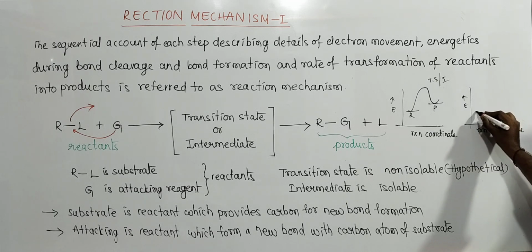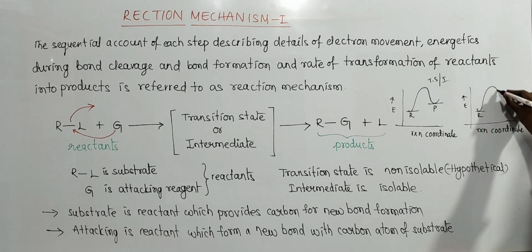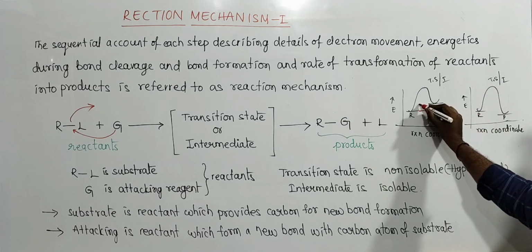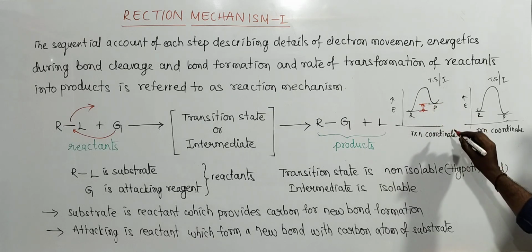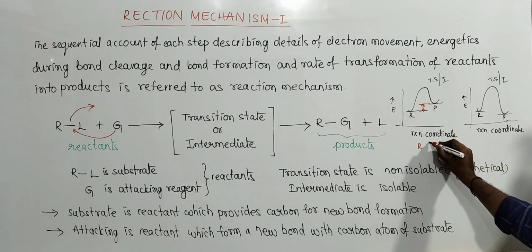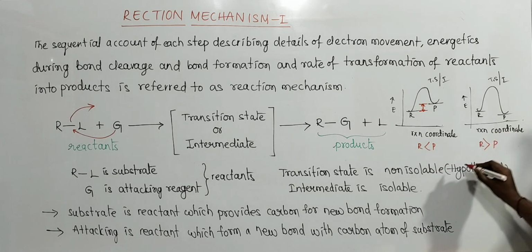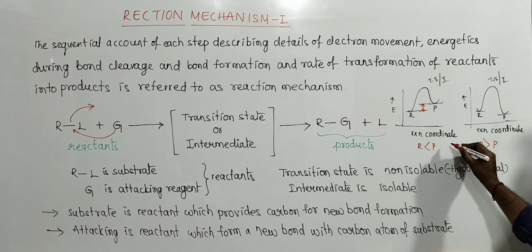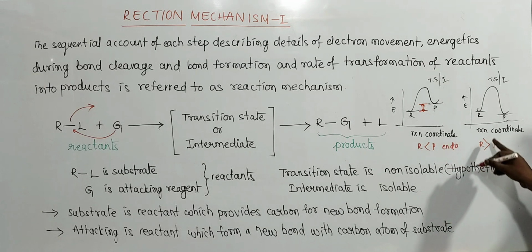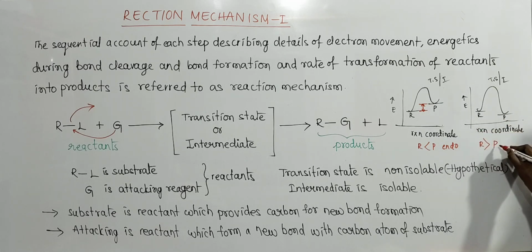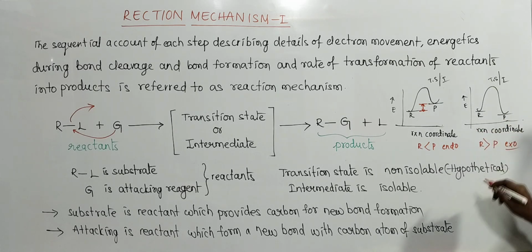If I take it like this, reactant energy is this one and product energy is this one, and this is the transition state or intermediate. If you compare reactant energy and product energy, here the reactant energy is lesser than the product. Whenever reactant energy is lesser than product, that is called an endothermic reaction. Whenever reactant energy is greater than product, that is called an exothermic reaction.